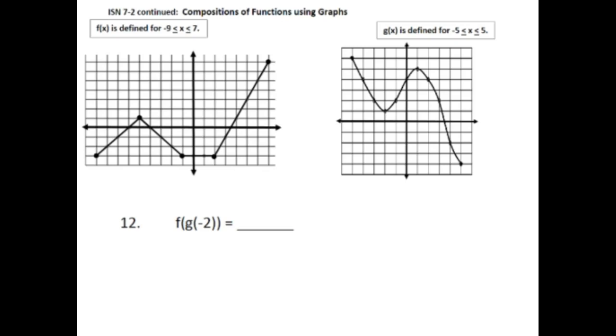Alex, where am I going to start? G of -2 is how I say that. So where do I go? First graph or second graph? Second graph, then what do I do? And so that goes, -2 goes with 1. Okay, keep going.